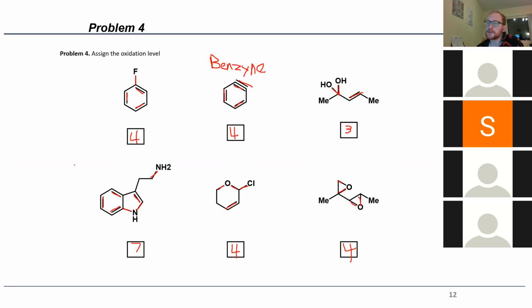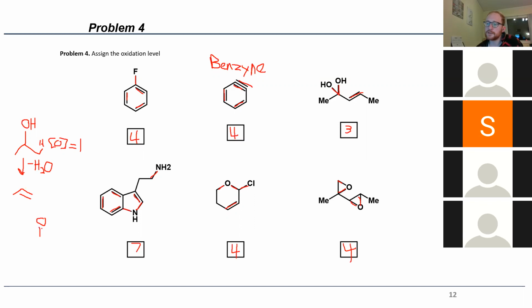The easy mnemonic that we can remember is that loss or gain of water is the same oxidation state. So this is oxidation level 1. But if we lose water, it makes an alkene, which is also oxidation state 1.